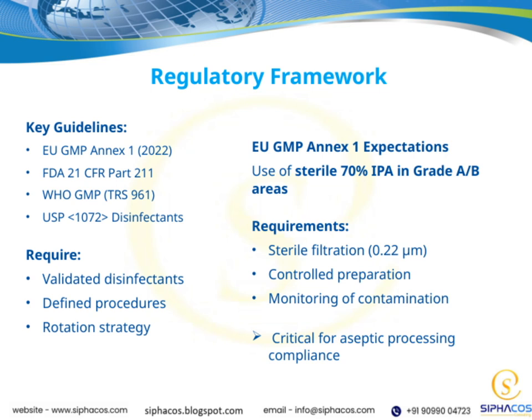These frameworks require us to use validated disinfectants, establish well-defined procedures, and implement rotation strategies. The rotation strategy is particularly important to prevent disinfectant resistance and ensure continued effectiveness. Overall, these expectations and guidelines work together to create a robust aseptic environment and ensure our processes are compliant with global standards.